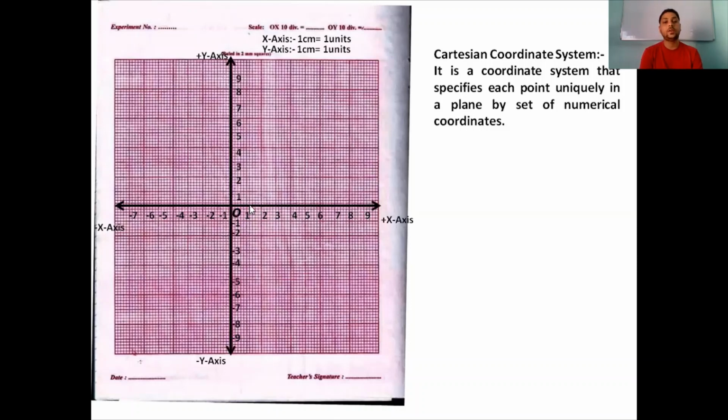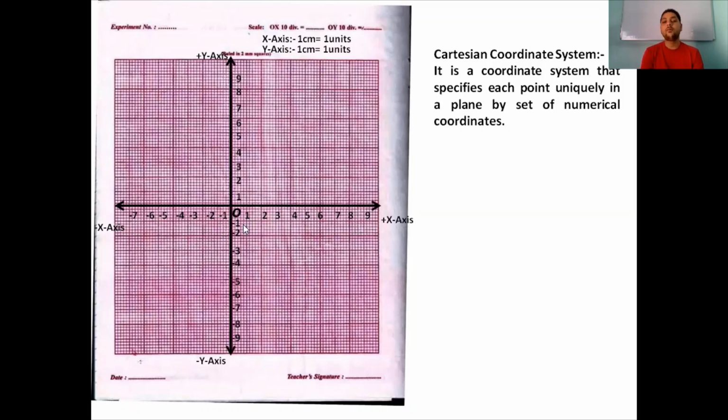So each division will measure 0.2 units. So the first division is 0.2, then 0.4, 0.6, 0.8, then 1 unit. In this way we can select any point on our Cartesian plane.